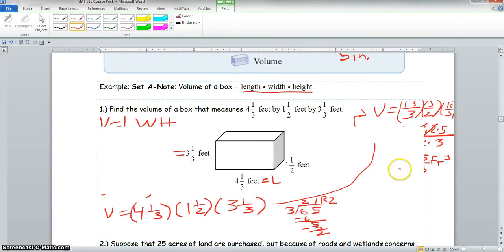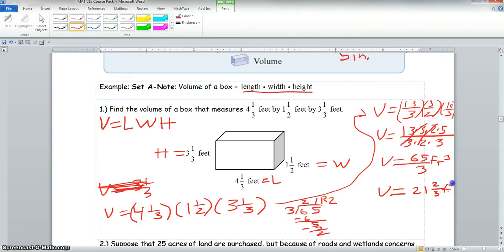Now, I know this disappeared here, but you can rewind the tape to get what this was. So our volume is equal to 21, our denominator was 3, and our numerator will be the remainder, which is 2. So it'll be 21 2/3 cubic feet. And that is the final answer.